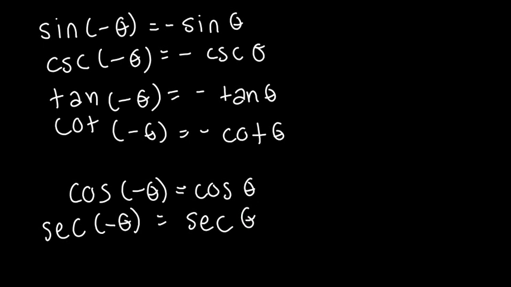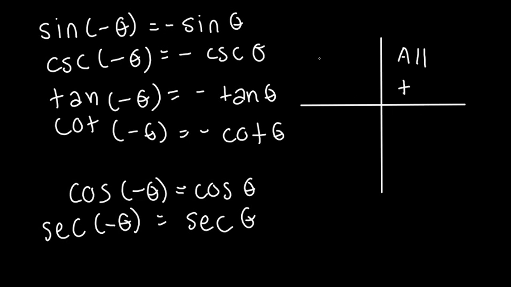And this all comes from the fact that we have 4 quadrants named after the 6 main different trig functions. In quadrant 1, all trig functions are positive. In quadrant 2, cosine and secant are positive. In quadrant 3, tangent and cotangent are positive.